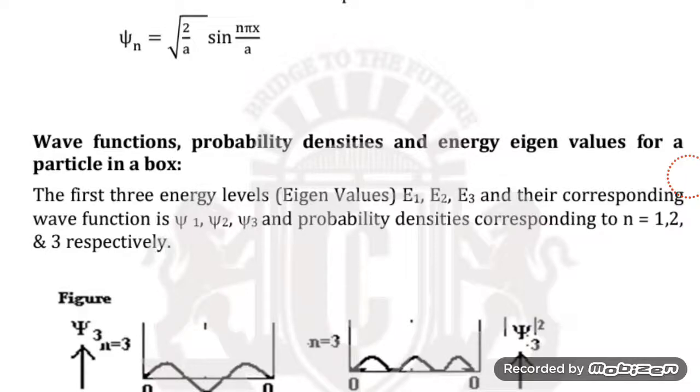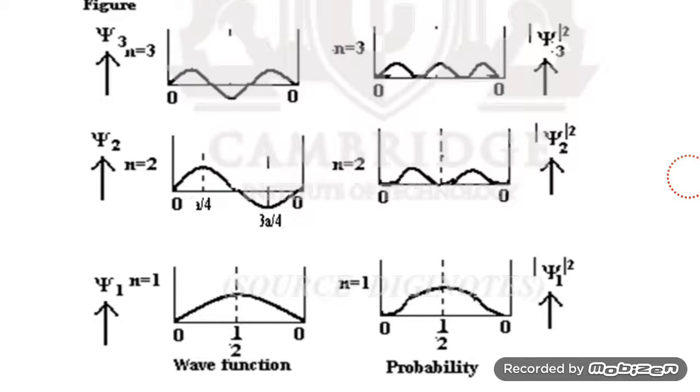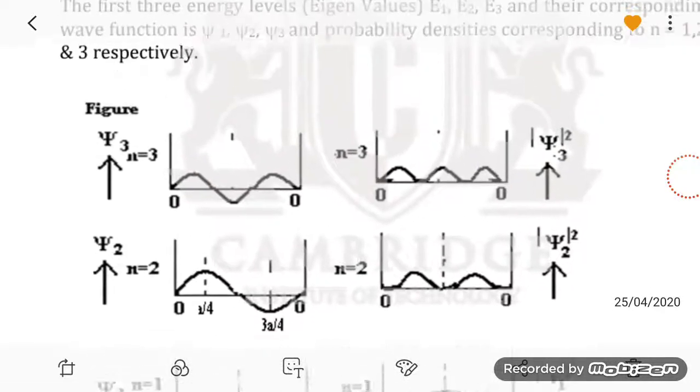It means the graph is a simple sine graph.